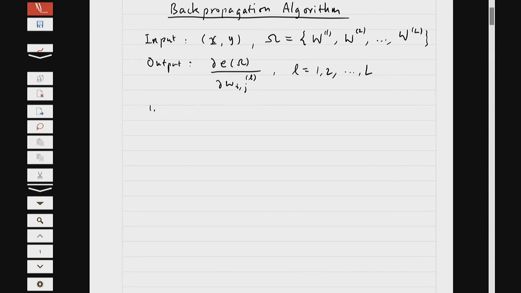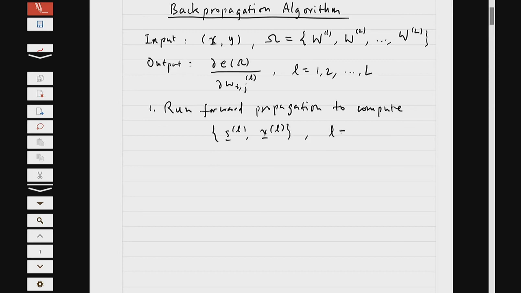So therefore, to do that, we have to run a forward propagation first, in order to compute all of these values, S of L and X of L, for all layers. So after the first step, we have all of them.